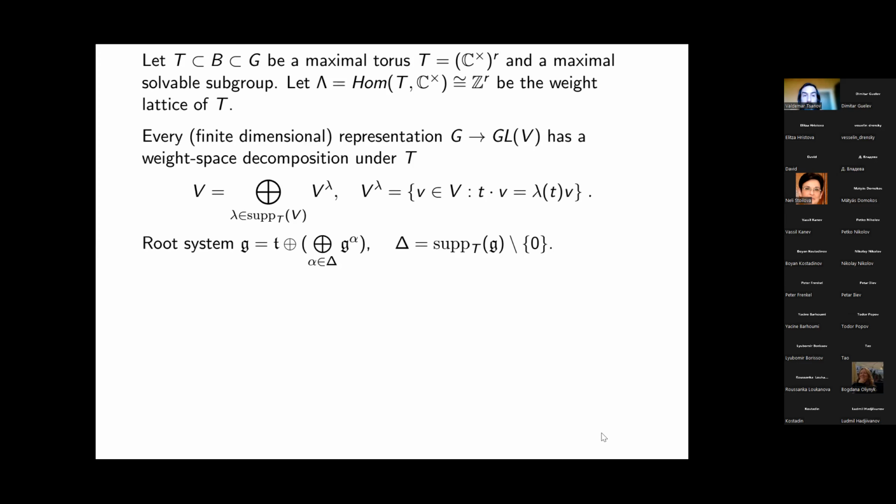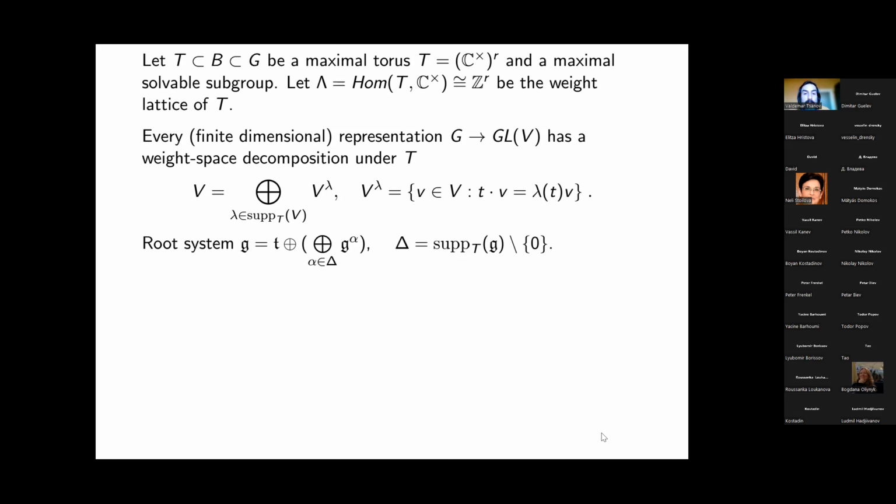Now, the representations of G, if we take any representation, it splits under T. T is an abelian connected group of semi-simple elements, because we take C*.